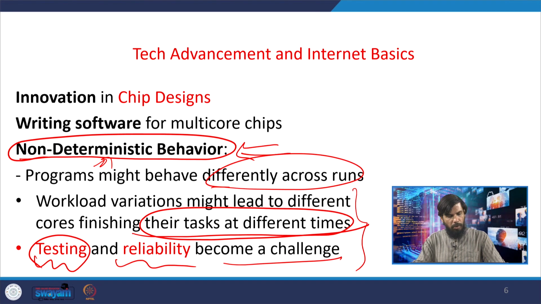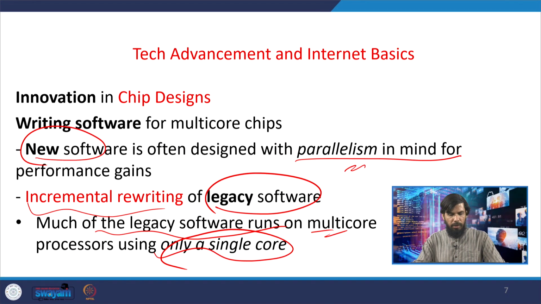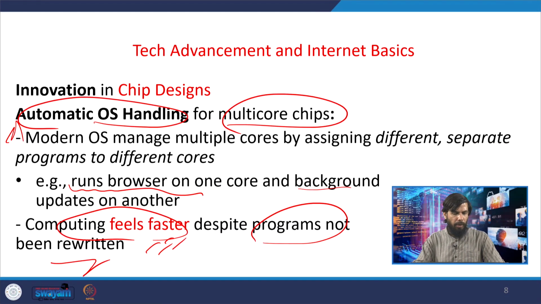So in every run there can be different timing and variation in execution time because of this non-deterministic behavior. Therefore, testing and reliability of the software becomes a challenge. Then we talked about how new software is being written with parallelism in mind, while legacy software is being rewritten incrementally.